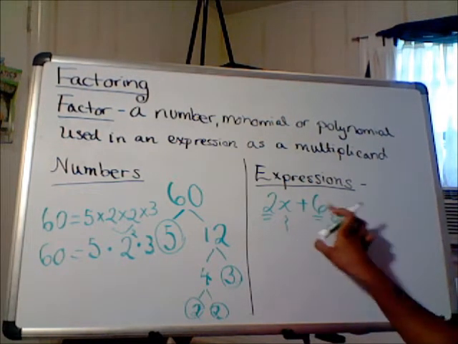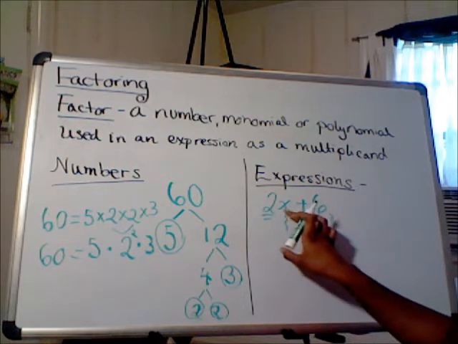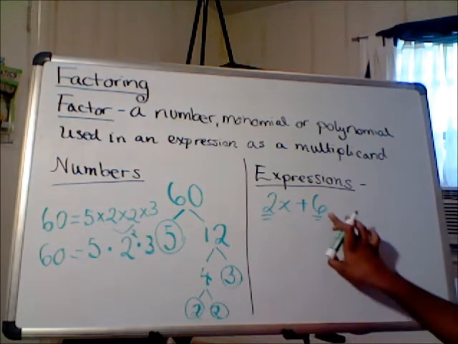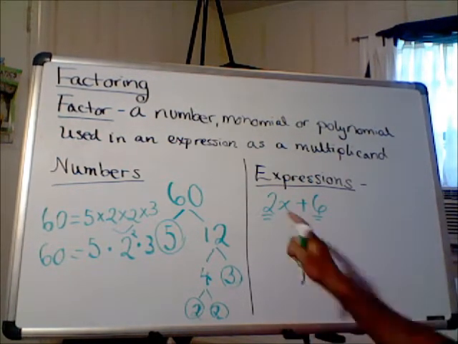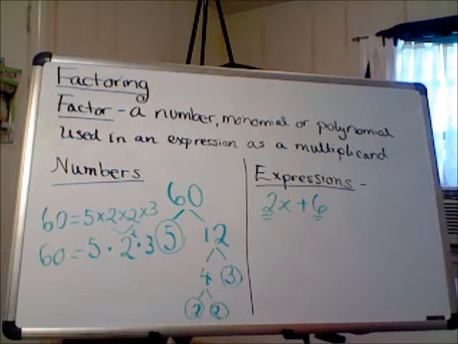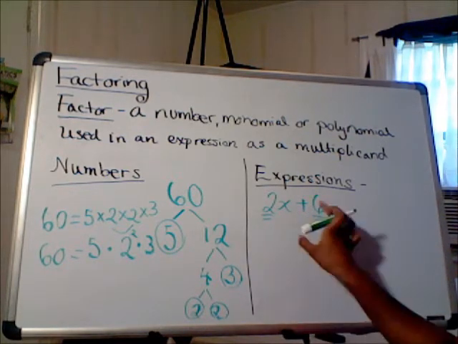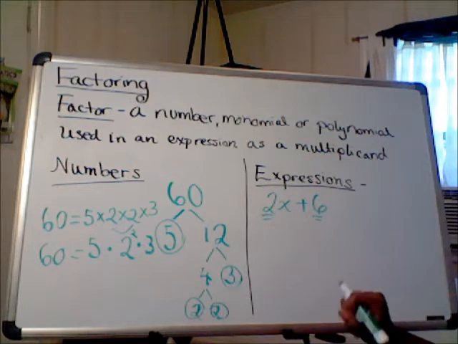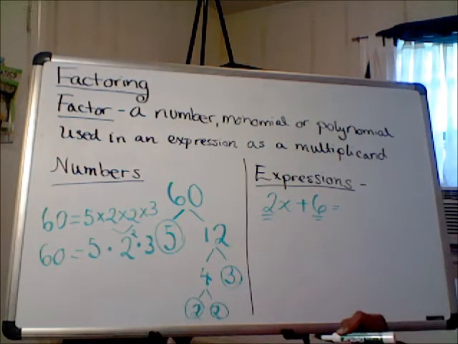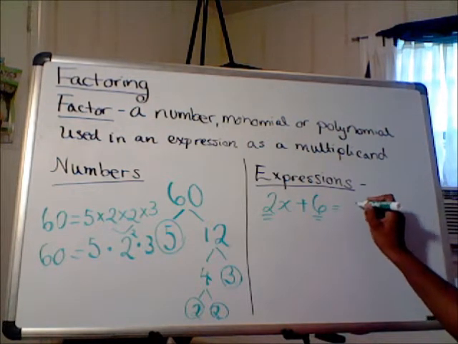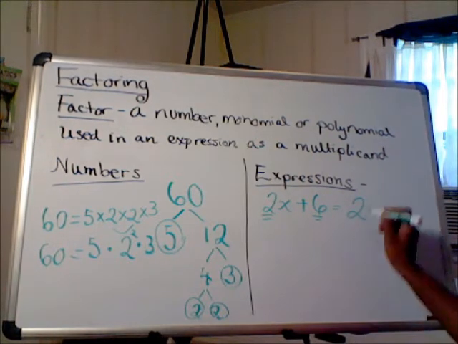Well, this has an x and this 6 does not. So there are no variables that they have in common, so there are no common factors there. But let's look at the 2 and the 6. They both have something in common. 2 times 3 gives me 6. So 2x plus 6 has a common factor of 2.